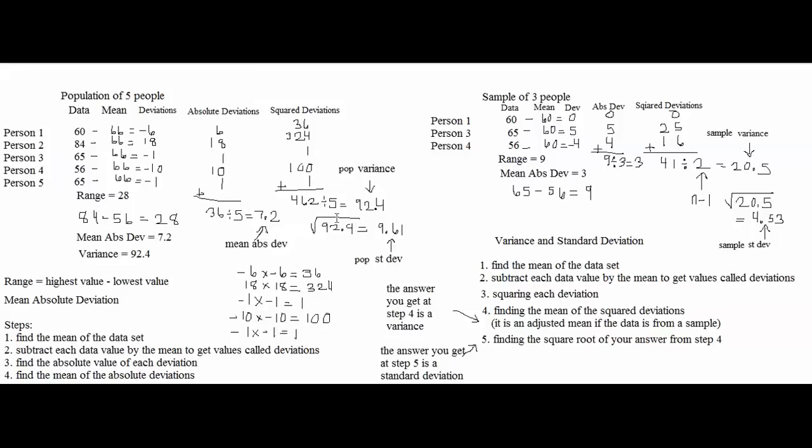The disadvantage of the variance is that it comes out to such a large number, and it's difficult to understand what it's really showing about the data. And the advantage of the mean absolute deviation and standard deviation is that they give you a sense of how far the numbers are from the mean on average.